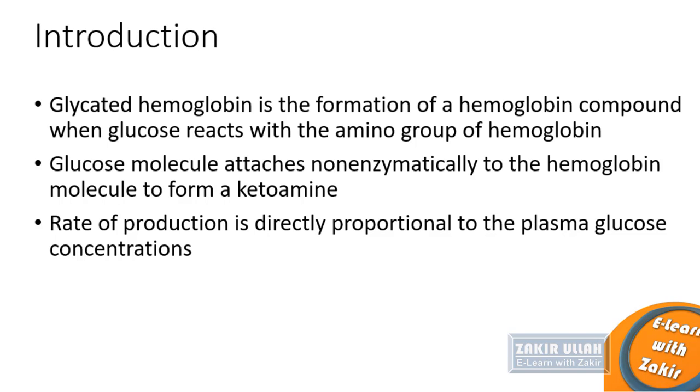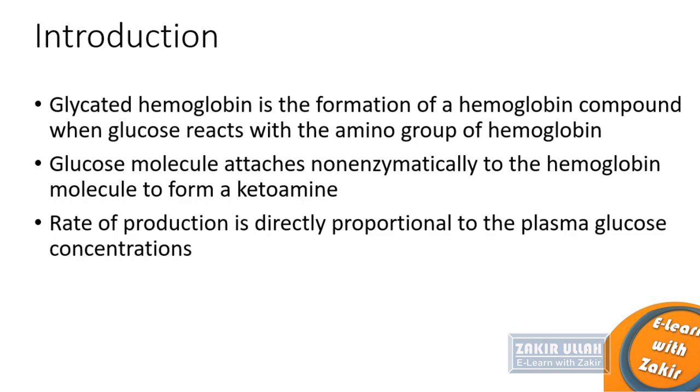If the blood glucose concentration increases, the quantity of glycated hemoglobin also increases. And when the blood glucose level decreases, the glycated hemoglobin also decreases. So glycation is the non-enzymatic attachment of a glucose molecule to hemoglobin, and the end result is a ketoamine.